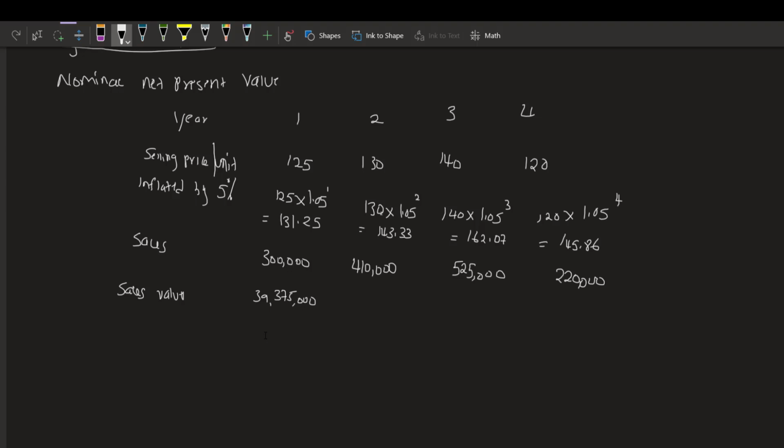The next one we take 410 multiplied by 143.33, we get 58,765,300.